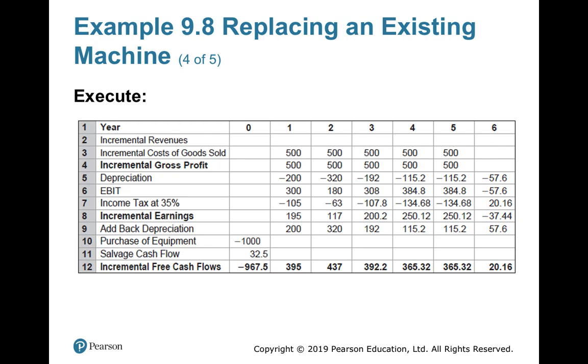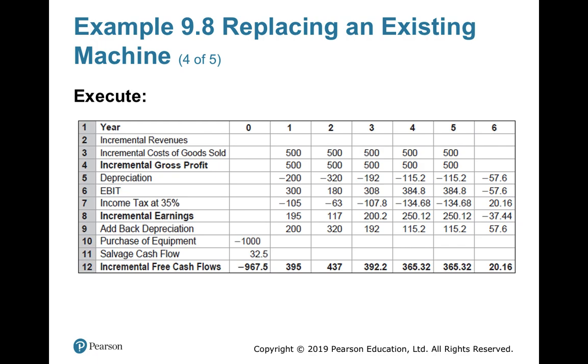Now tax and EBIT are opposite relationship. Time and again we are discussing this. So if EBIT is plus, tax is minus 35% of the EBIT. And from year 1 to year 5, EBIT is positive, so tax will be 35% of that, negative. But in year 6, EBIT is negative, so tax will be 35% of that, positive.